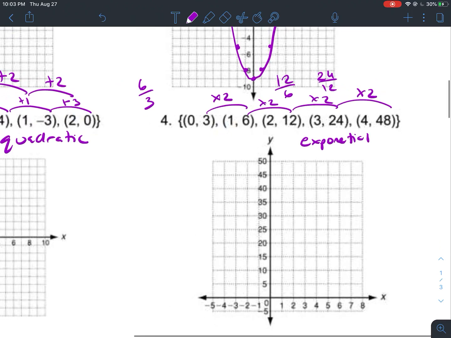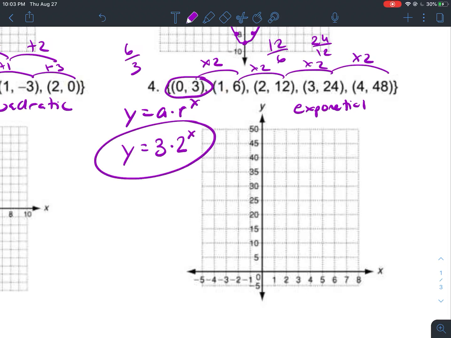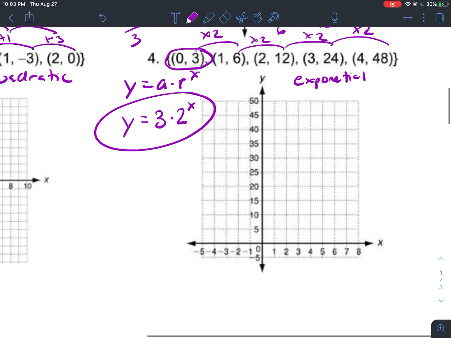All right, so let's find our equation. We know that an exponential is y equals a times our ratio to the power of x. Here, they did give us our y-intercept, so we know that our a is 3. Then our r is 2. Raise that to the power of x, and we are done with that.